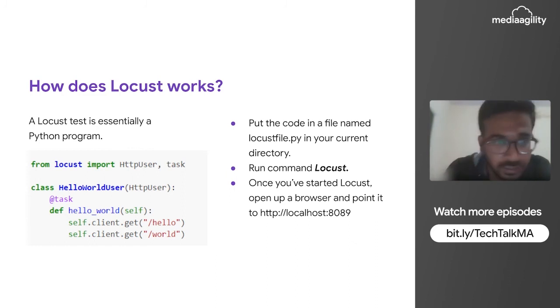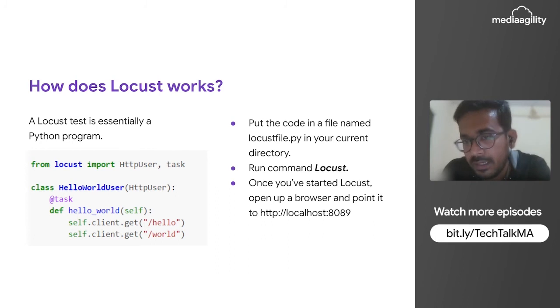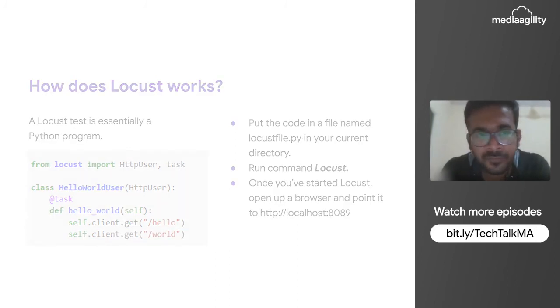After creating that particular file, we just need to put that code in locustfile.py, and in our current directory, we need to run the locust command. Once it starts, we can point to the 8089 port using localhost, and from there we will get the Locust GUI.